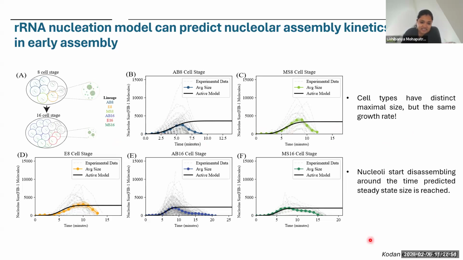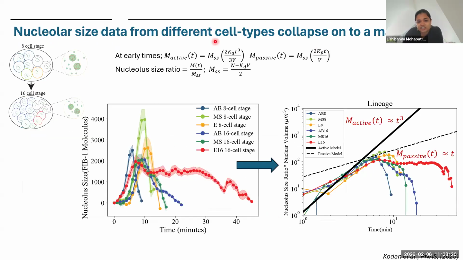And another curious observation that we made was that nucleoli seem to disassemble around the same time as the steady state is predicted by the model. So that was kind of a curious observation to us. In fact, if you take the equations and analyze them in early times, both the models make a different prediction for the growth scaling of the nucleolar sizes.